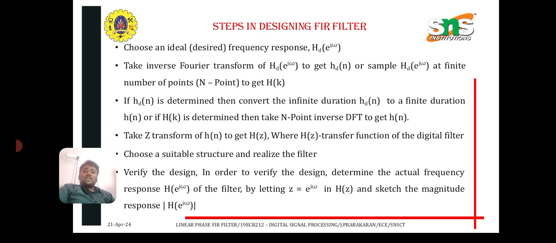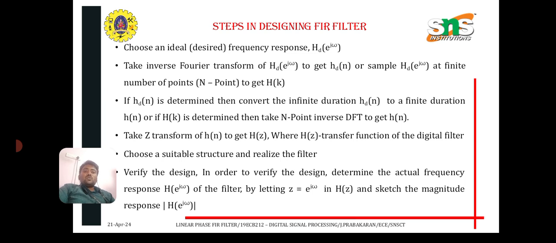If hd of n is determined, then convert the infinite duration hd of n to a finite duration h of n. Or if H of k is determined, then take the N point inverse DFT to get h of n. Take the z transform of h of n to get H of z, where H of z is the transfer function of the digital filter.